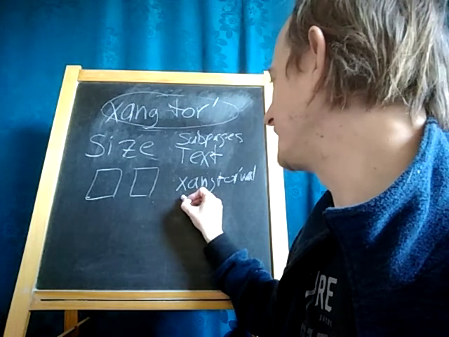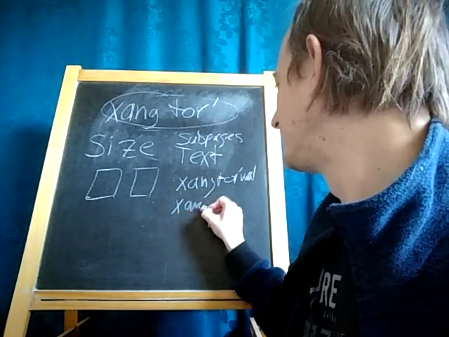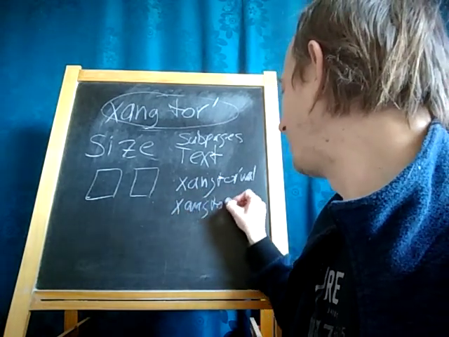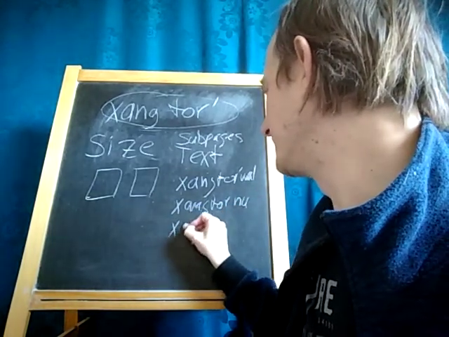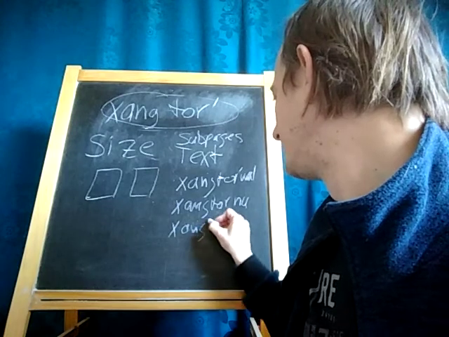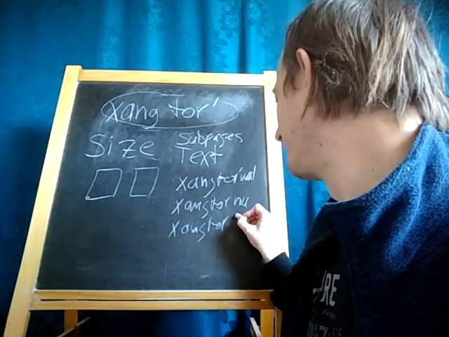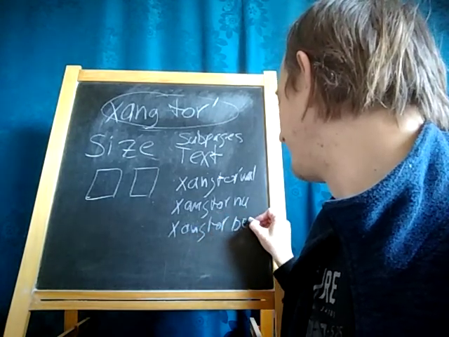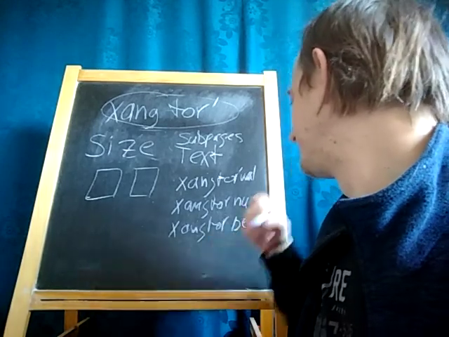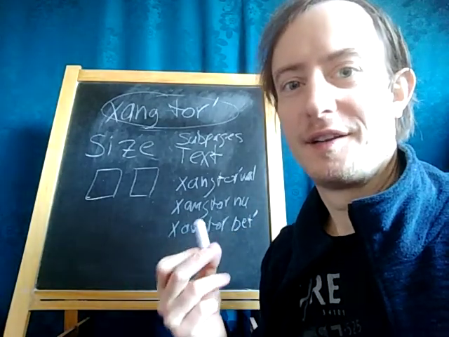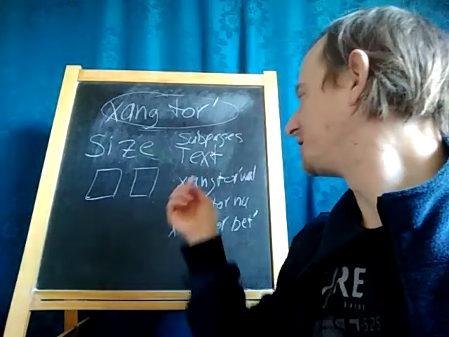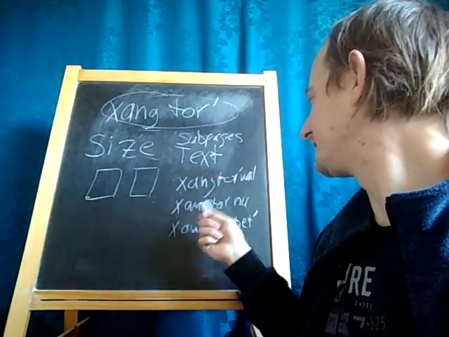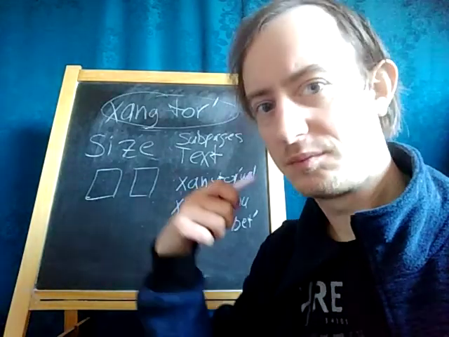The next chapter says Xangtor Nu, and the next chapter says Xangtor Bet. If you look through the book, you have no idea what's written there, but you see the chapters: Xangtor Val, Xangtor Nu, Xangtor Bet. So, what are you thinking?